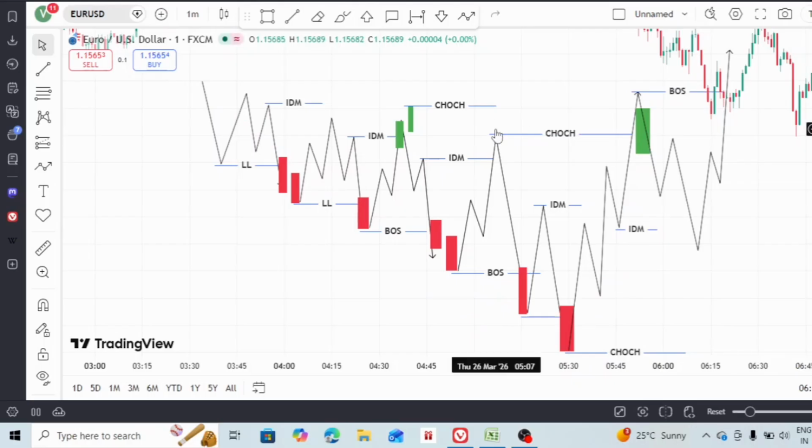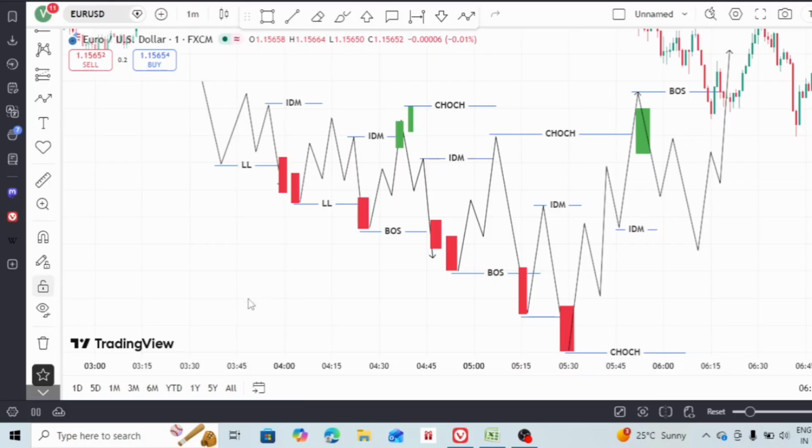And then I will just give you the points to remember. First, point number one is that the higher high or lower low must be confirmed. Then the first pullback in the structure will act as the inducement, okay?